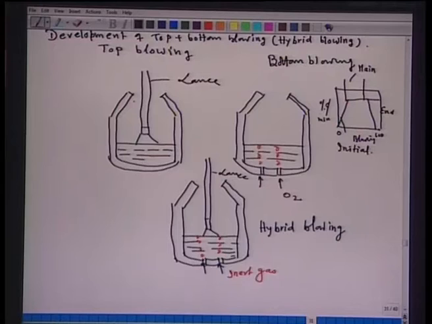In the main part of the blow, a considerable amount of CO is evolved, so bath stirring is very good. Towards the end, when the carbon content has decreased, the CO evolution also decreases, so iron oxidation will increase, and the bath agitation is again very poor. Similarly, in the initial part of the blow, carbon oxidation is not allowed to proceed at the required rate because of the slag formation.